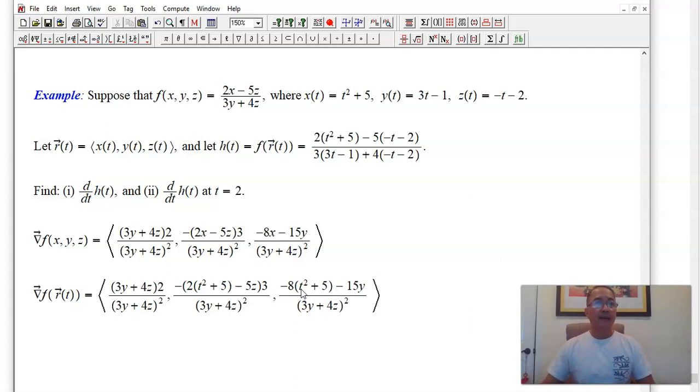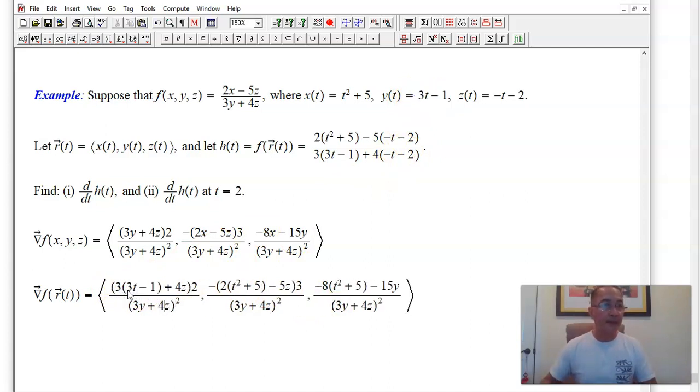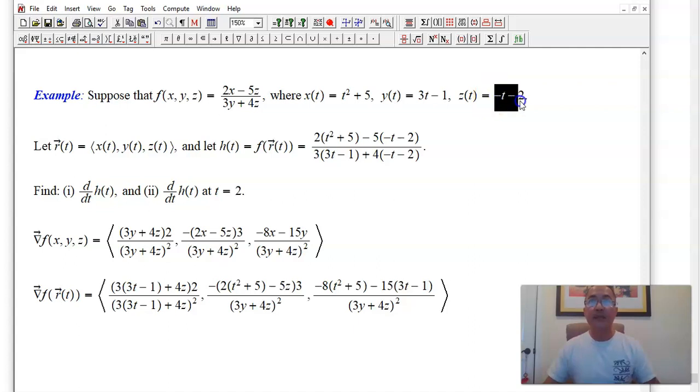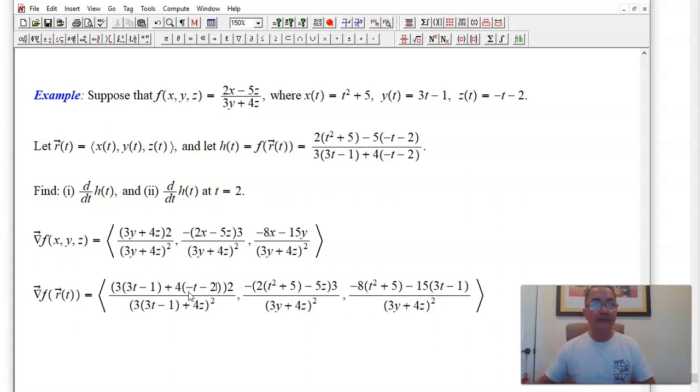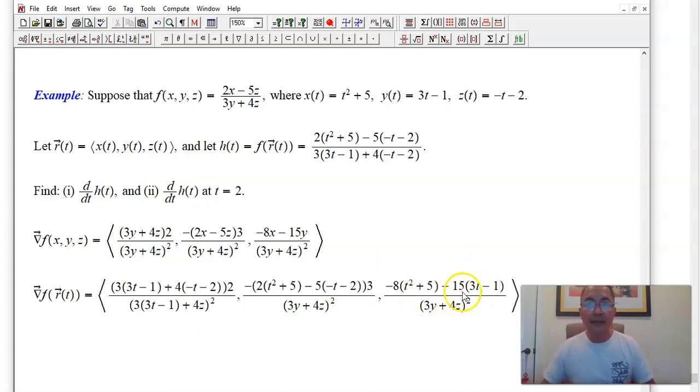Then replace y with 3t minus 1 over here, over here, and over here. I'm ignoring these two because we're just going to copy this over when we're done. Here is our z. So we're going to put it over here and over here. And nothing there. And over here.